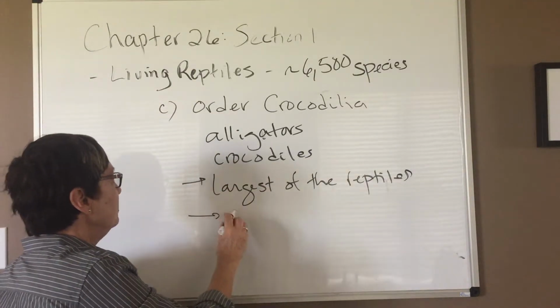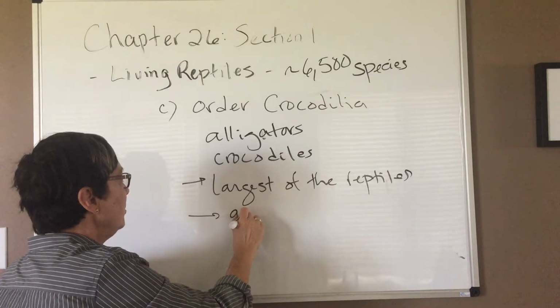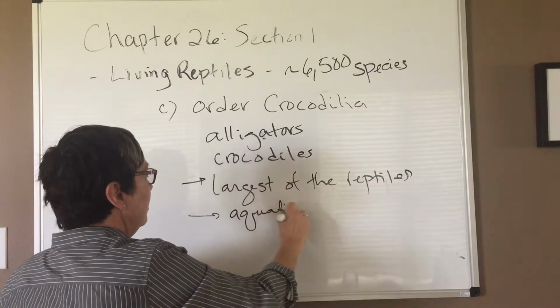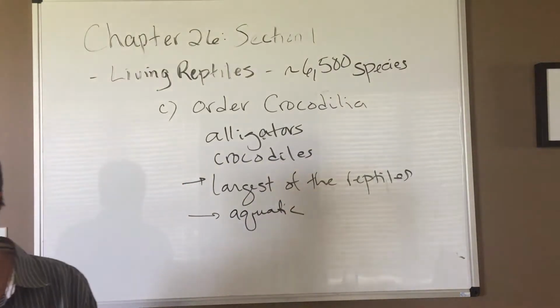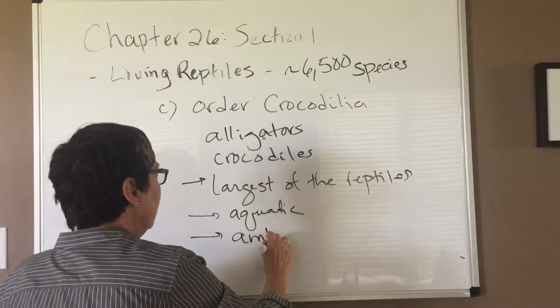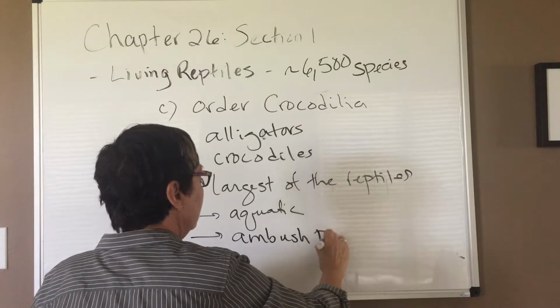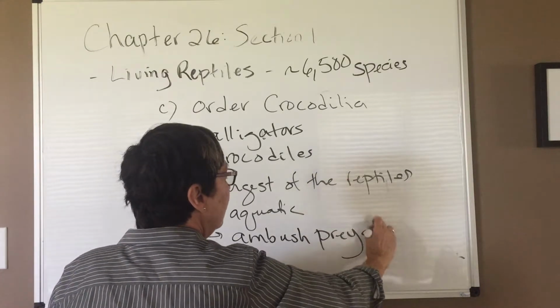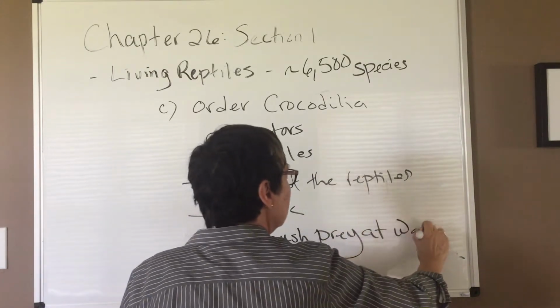They spend most of their time in the water, so they are aquatic. They are predators, and they will ambush their prey, usually at the water's edge.